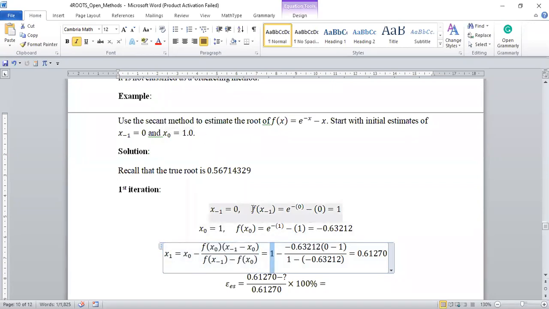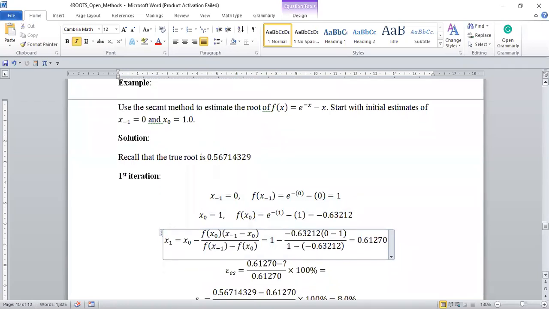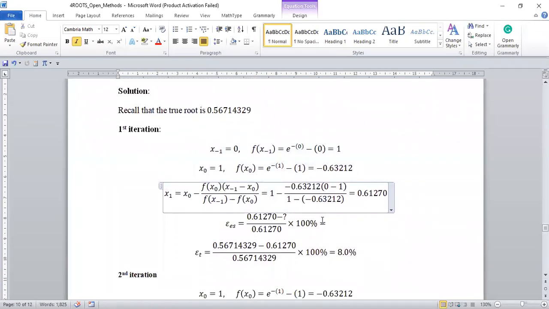Then this is f of x minus 1, which is 1. And it is f of x naught, which is this. So you already have all you need. Then you estimate the value of the root.